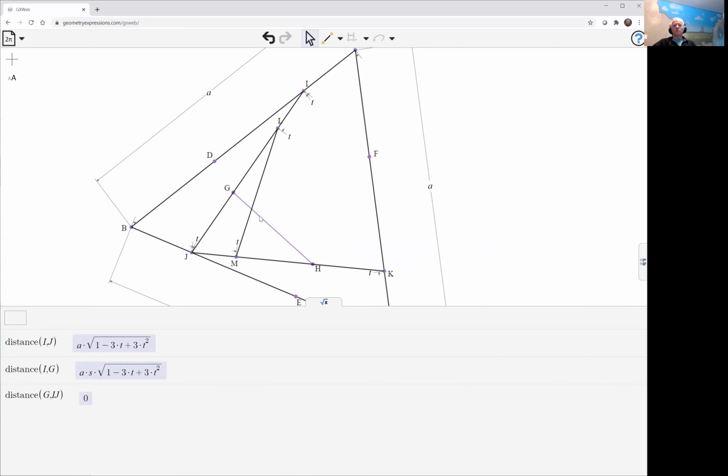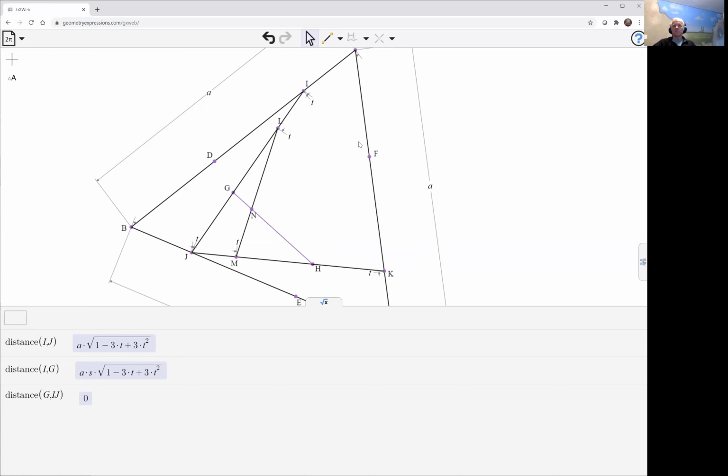I want to show, first of all, that the intersection here is proportion T along GH, because LM here is the tangent to the cubic Bezier. This is the tangent to the quadratic Bezier, to the parabola. And the tangent point on the parabola is proportion T along GH. And so is this the tangent point, the intersection between these two?